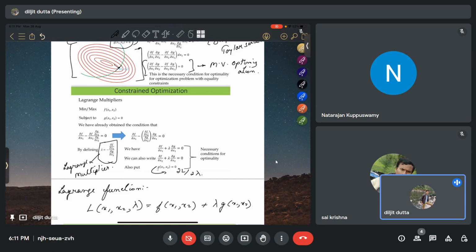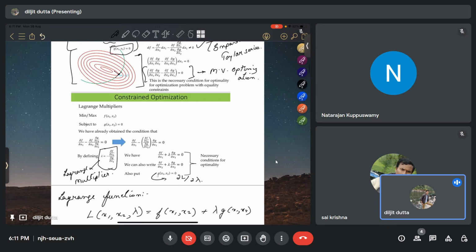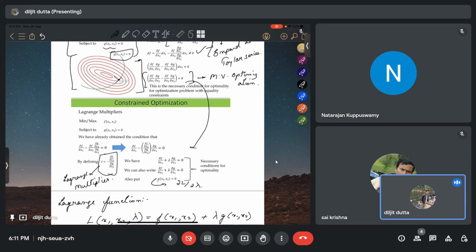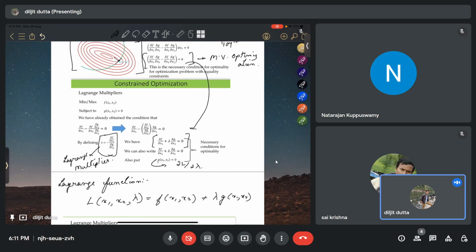If we replace the value of lambda in this equation, we get del f by del x1 plus lambda into del g by del x1 equal to 0. Similarly, if we take x1 instead of x2, we take the ratio lambda equal to minus del f by del x1 divided by del g by del x1.